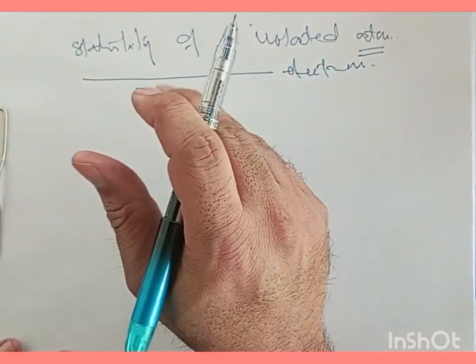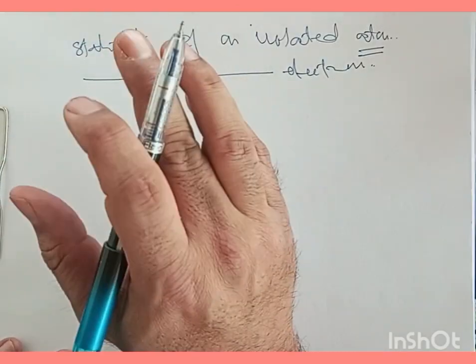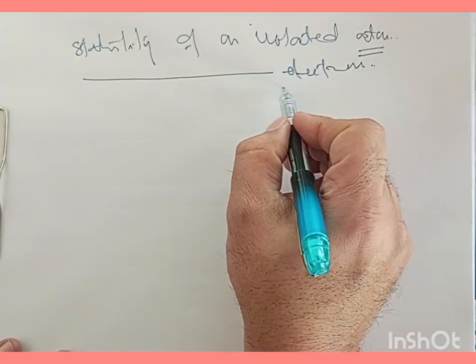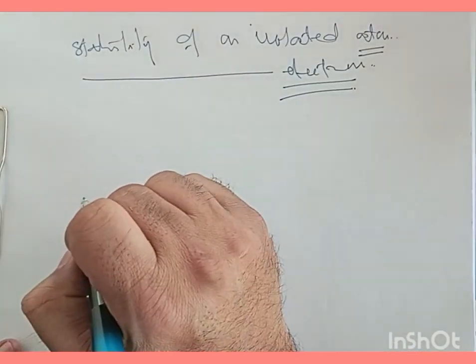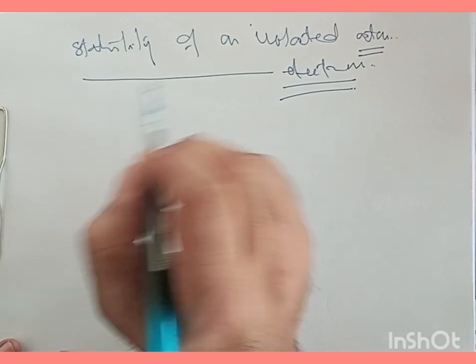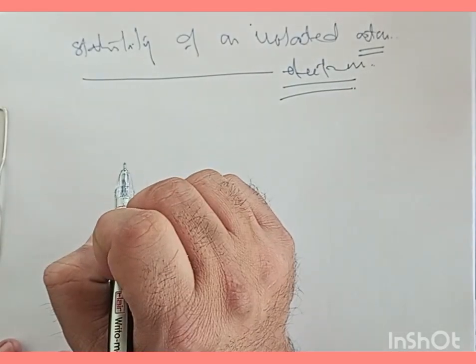In other words, electrons cannot decay because of the law of conservation of charge. They will not decay because of the law of conservation of charge.